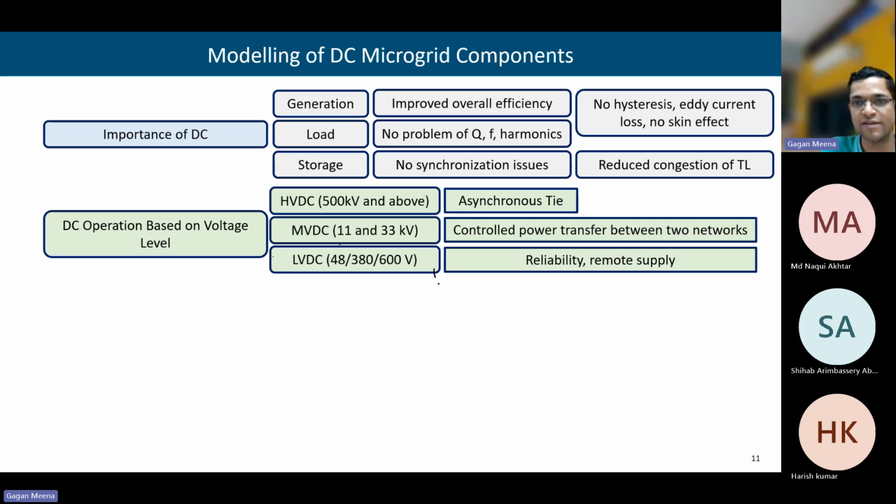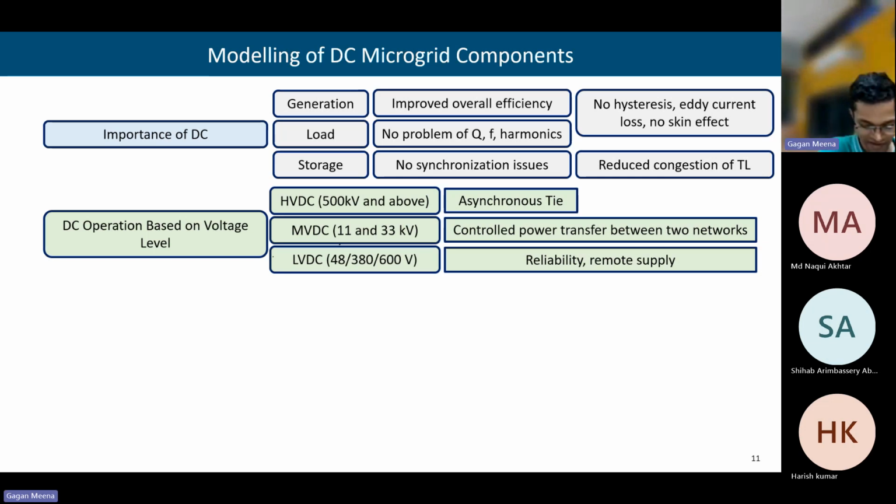And so this we can use for providing reliable power supply and for some islanded grids. Let's say some isolated or remote village, in that we can have a DC microgrid, because we have solar rooftop there, we can have storage there, devices are using DC, then we can have a DC microgrid there.